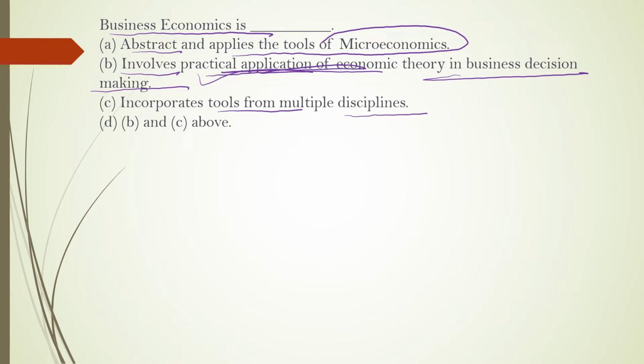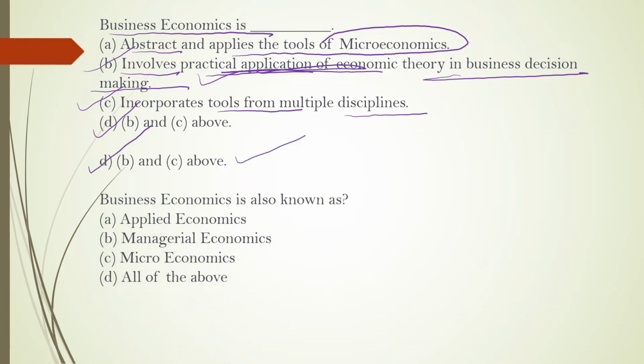Yes, the right answer is B as well as C. So the option is D, both B and C. Next one is, business economics is also known as applied economics, managerial economics, microeconomics, all of the above. No, business economics is nothing but managerial economics. The right answer is managerial economics.